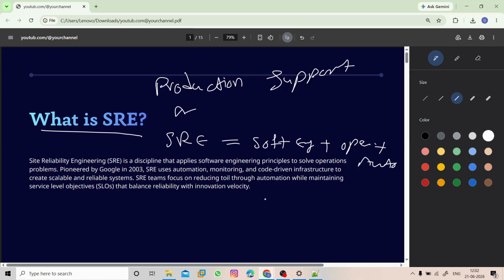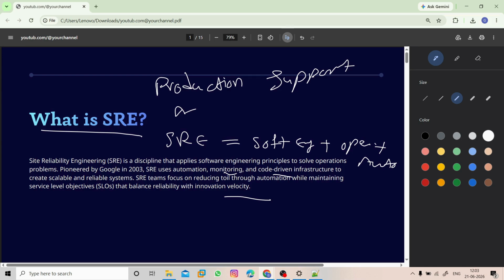It was introduced by Google in 2003. SRE uses automation, monitoring, and code-driven infrastructure to create scalable and reliable systems. SRE focuses on reducing toil through automation while maintaining SLOs that balance reliability with innovation velocity. So this is SRE.